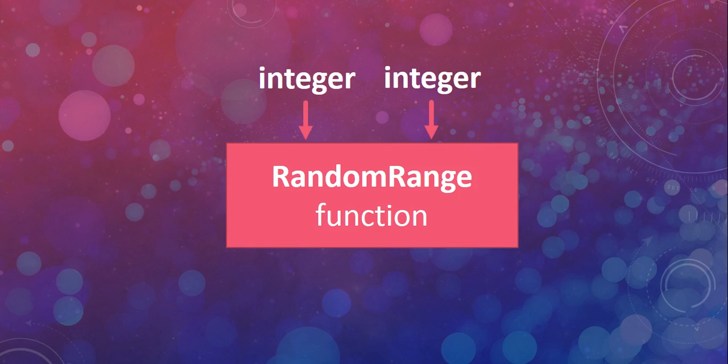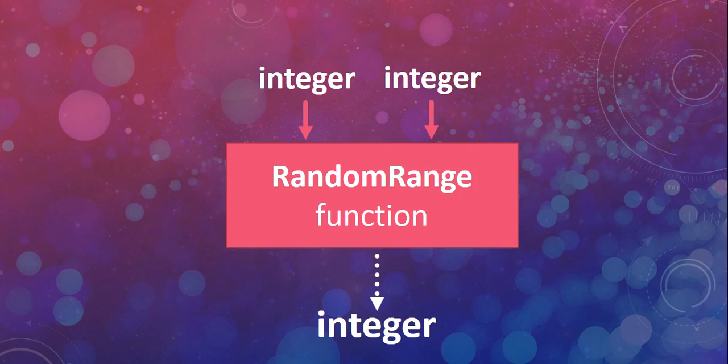And what it will do is take those two values and send them to wherever the random range code is, and that code will calculate a random number and send back one integer. It sends back one value. Functions send back one answer.